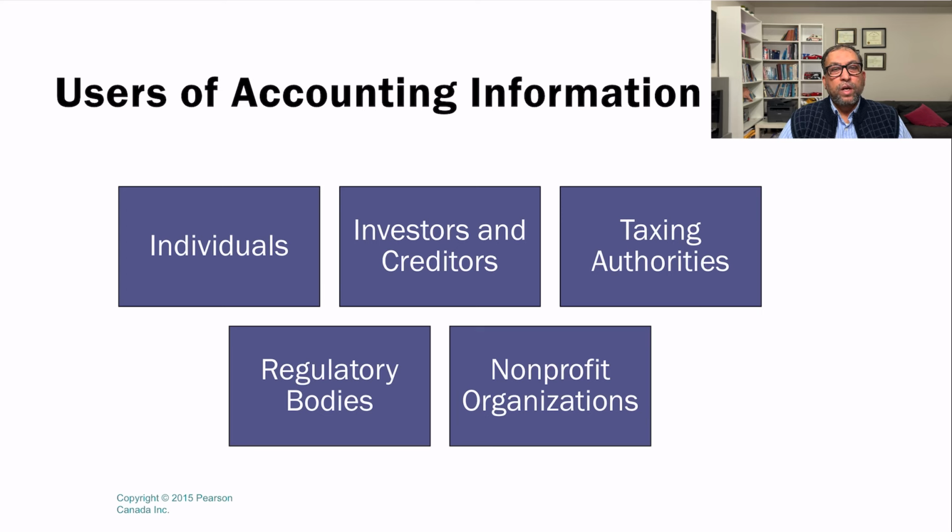The second important one is the creditor, the one who lends money to the organization in the shape of bank loans or bonds. They are interested in the financial position, the income, how much they are earning, how much retained earnings they have, and the cash flows during the period. These are a very important group of people, and they are also interested in these statements being correct and accurate.